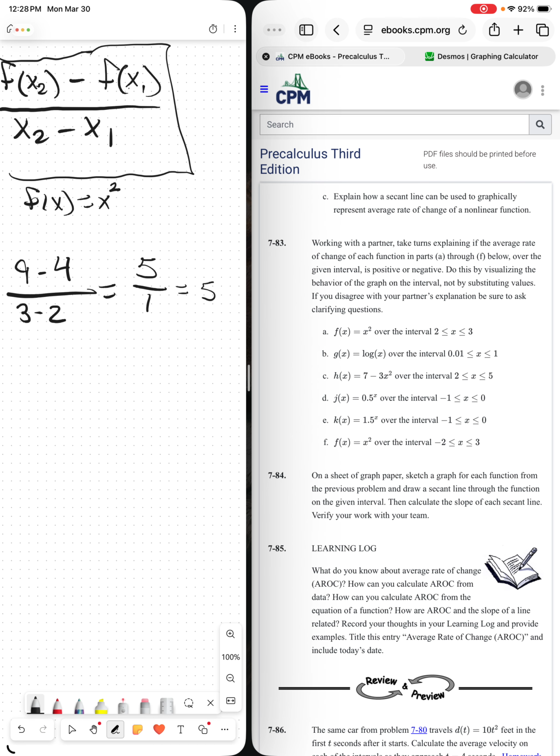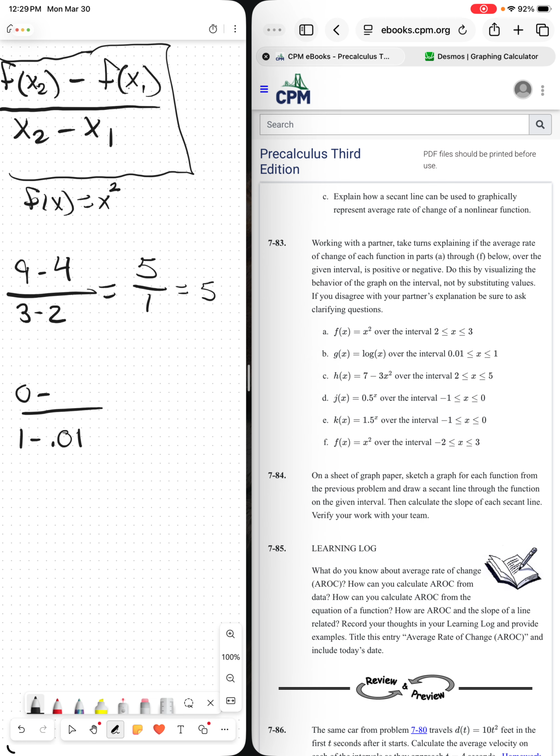The next one, we have 1 minus 0.01. What's the log? We have the log of 1, that's 0.